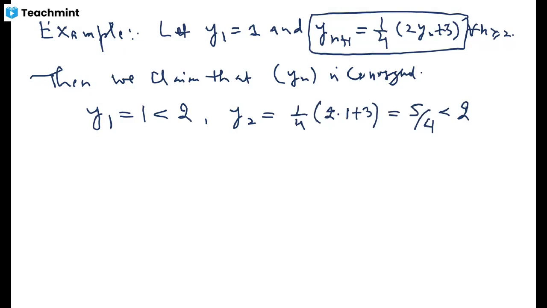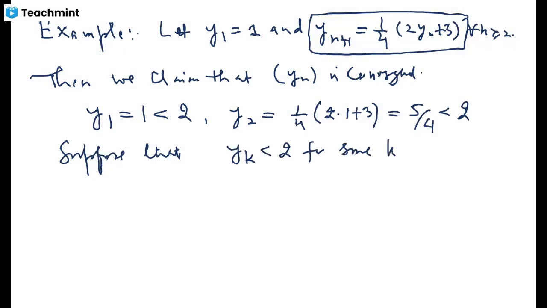Next, let us suppose through induction that yk is less than 2 for some k, and I will apply induction to establish that 2 is its upper bound. Then let us look at yk plus 1.